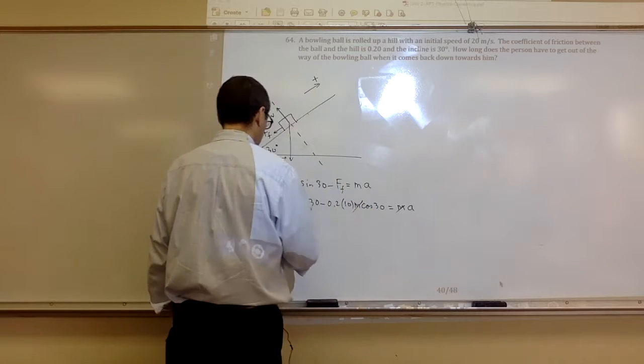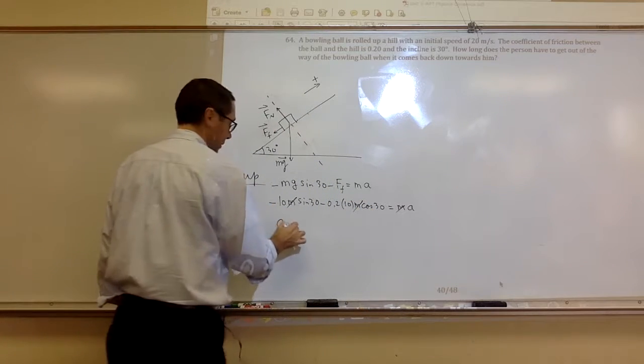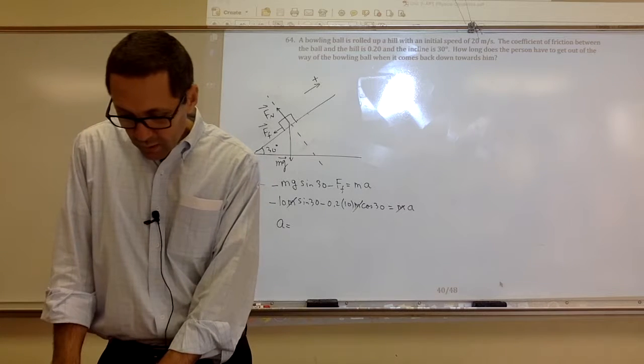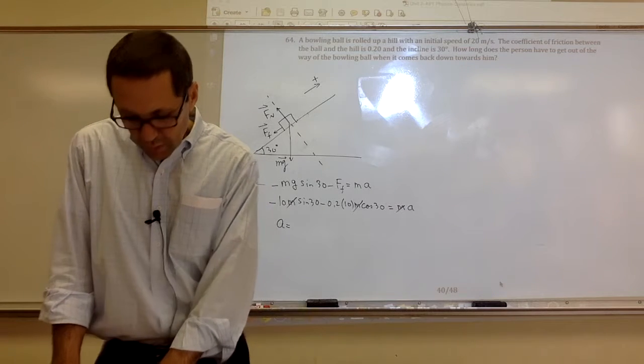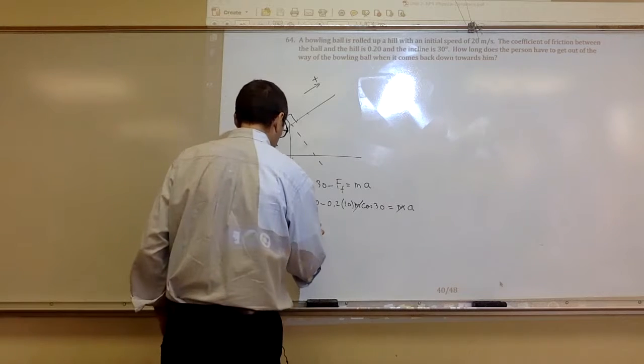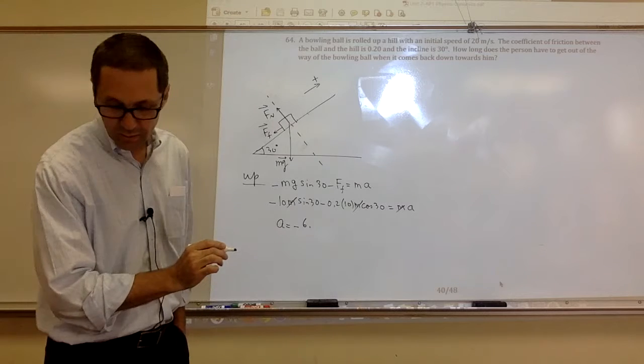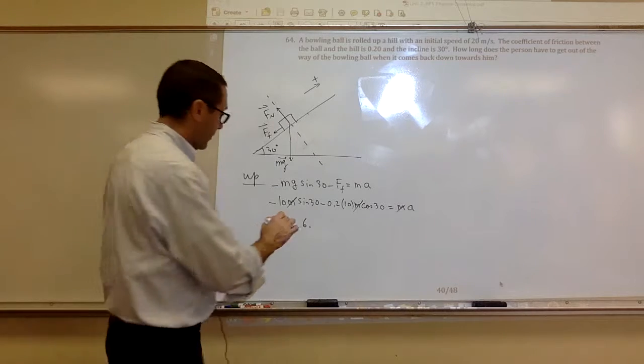And you can divide everything by m, and you should get an acceleration equal to negative 6.73, and it's understood because he's slowing down up the ramp, which happens to be the positive direction.